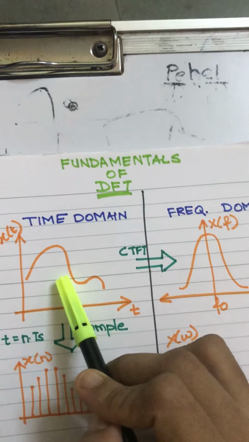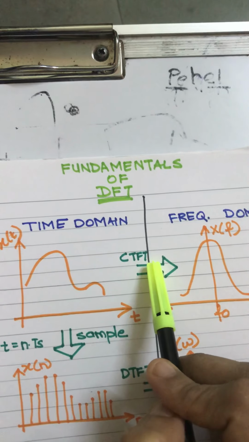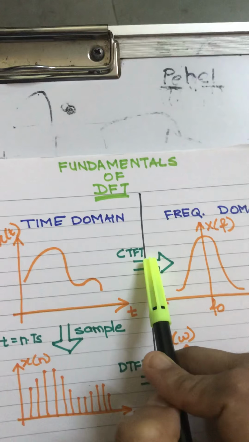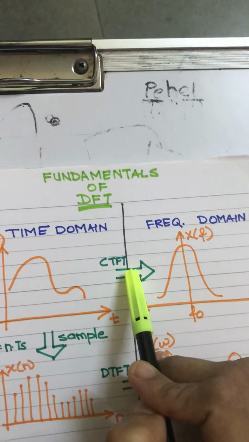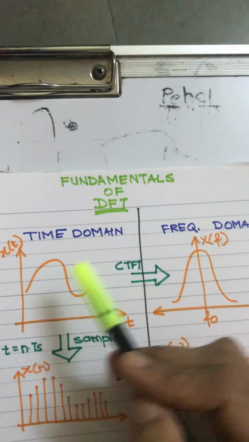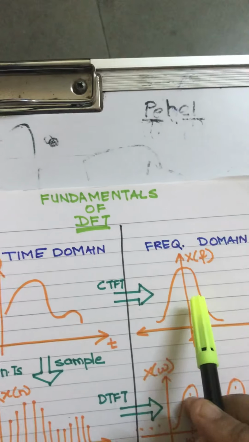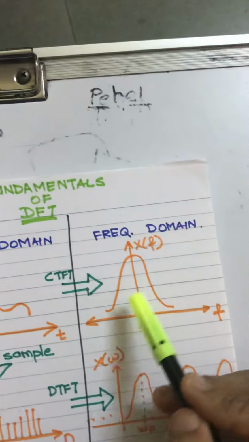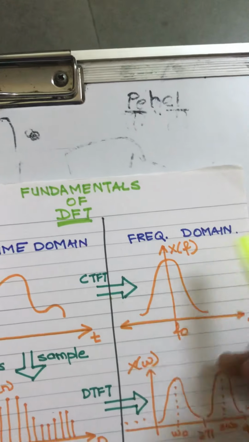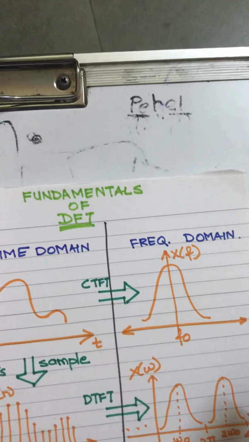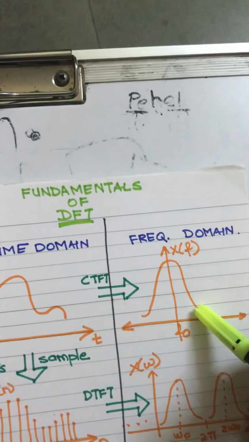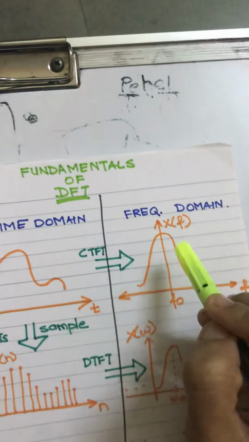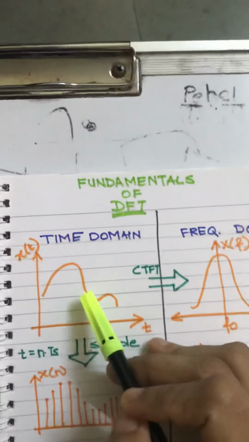This transform is used to convert continuous time signals from time domain to frequency domain. The signal in frequency domain is also known as the spectrum of the signal. Spectrum means a frequency domain representation of the time domain signal.